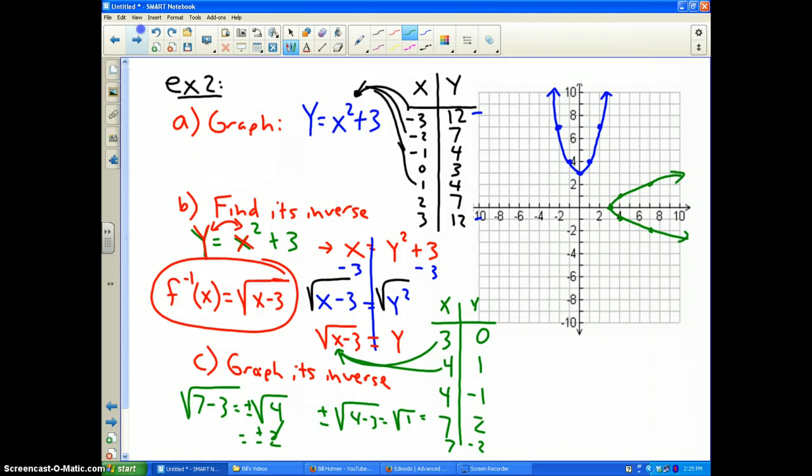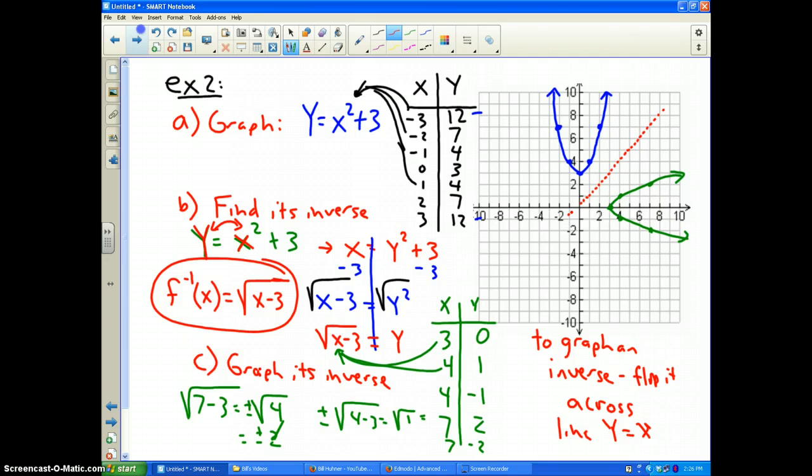Well, if you recall from the last video, to graph an inverse, we flip it across the line y equals x. Well, if I put that dotted line in there, there it is, people.